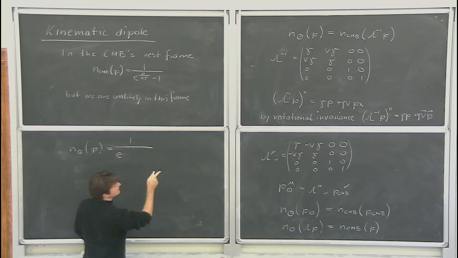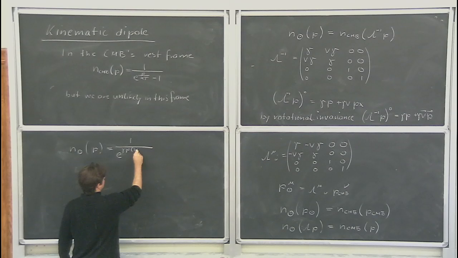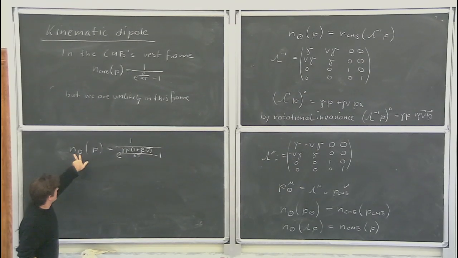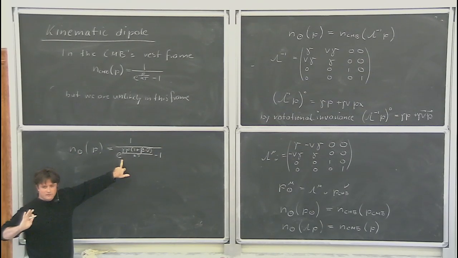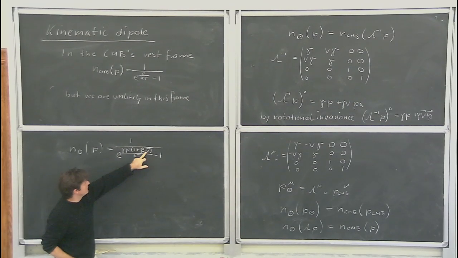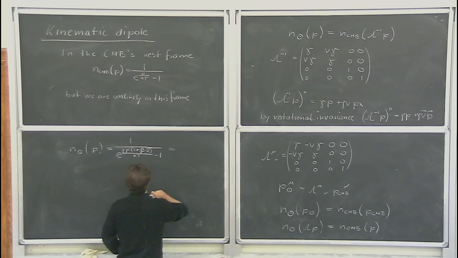So this is gamma times p1 plus p hat dot v over kT, minus 1. This is the occupation number as seen by the observer that's moving with respect to the cosmic microwave background with velocity v. And for small velocities, which is what we'll be interested in, we can just set gamma to 1.